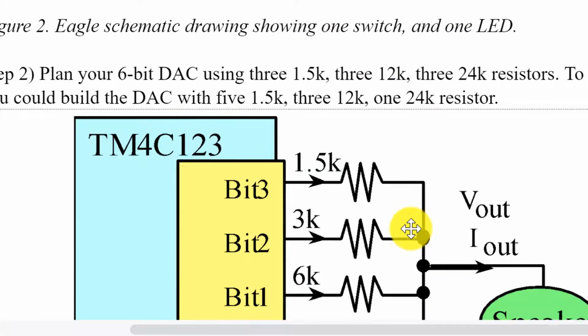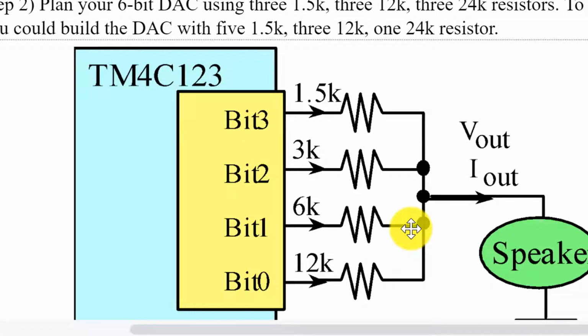The DAC, which we just did in Lab 6, is going to be a 6-bit DAC, and you can either make 1.5, 3, 6, 12, 24, 48, or you can make 0.75, 1.5, 3, 6, 12, and 24. That's 2 different choices for the DAC.